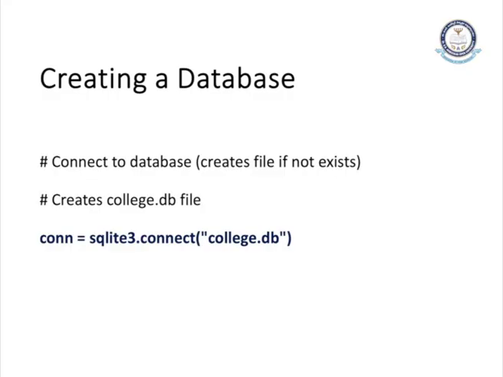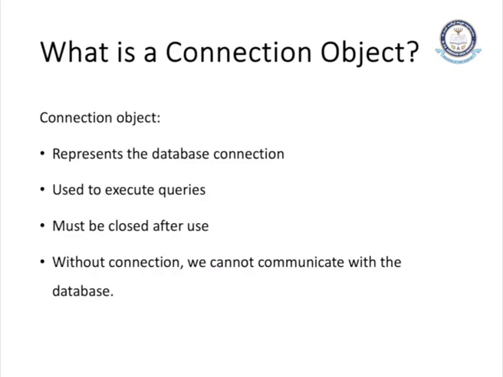For that connection, I am giving an object name conn. This is an identifier, you can give any name. In this example, I am using the name conn. The meaning of the word is connection. I want to create a connection from the Python program to the database. Then what is the connection object and what is the use of that? It represents the database connection, and with the help of that only we can execute the queries.